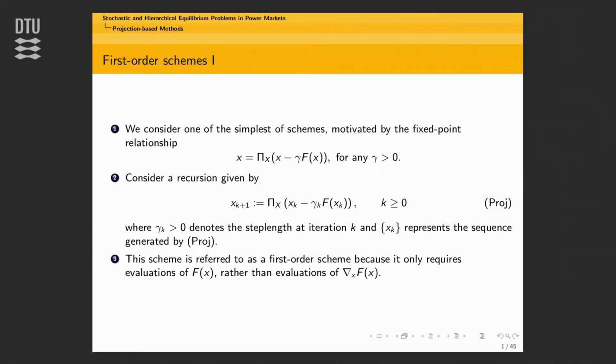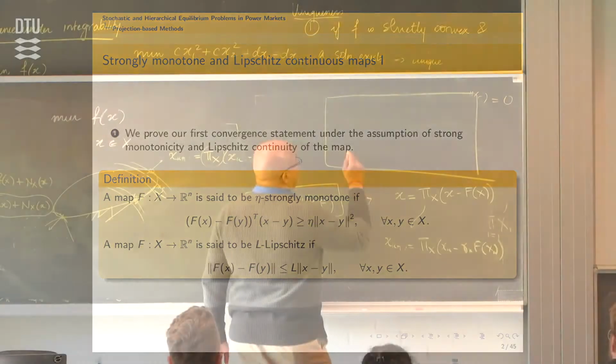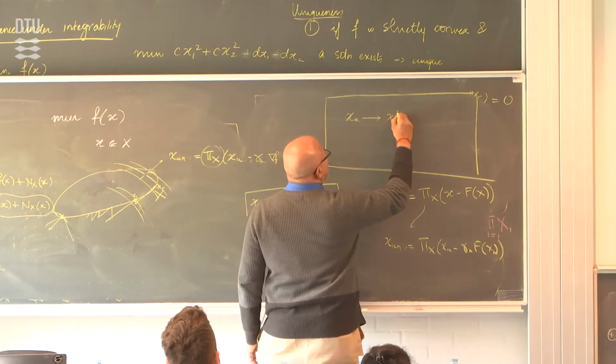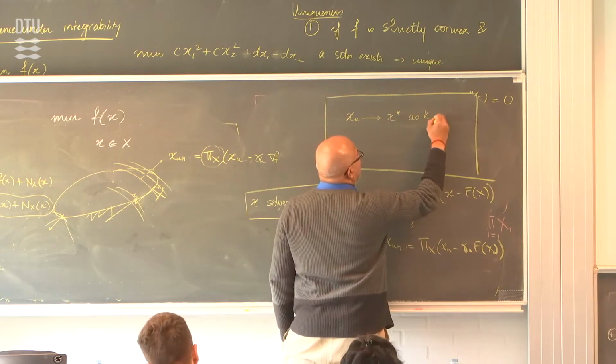Okay. So now what are we interested in when you have an algorithm? Let me tell you from an algorithmic standpoint, whenever somebody tells you about an algorithm, there are lots of questions you should be asking. First of all, can you show that the algorithm converges to a solution or equilibrium of the problem as k goes to infinity?